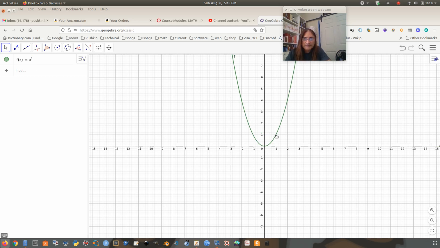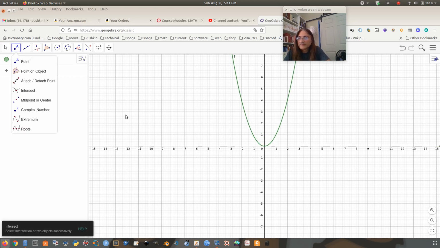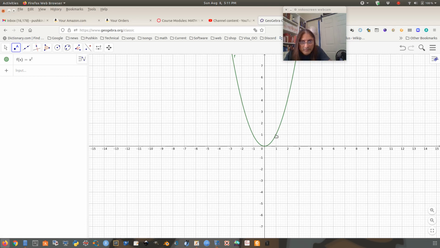And we see, let's see where the point is, this one. (1, 1). That's the point. And the next point we're taking is (2, 4), right? (2, 4), and (1, 1).